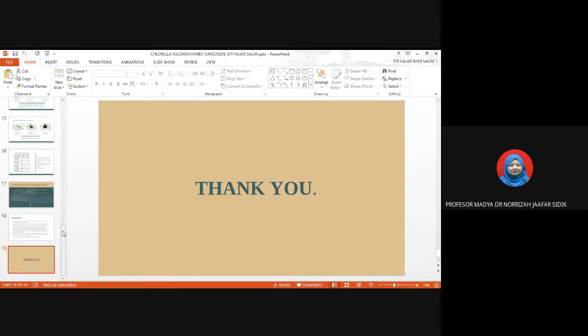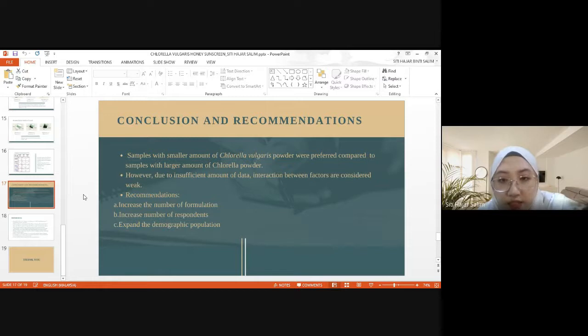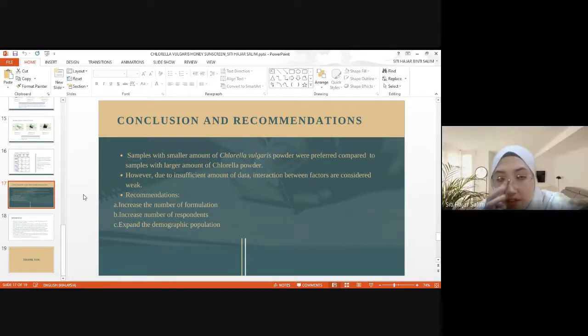Okay. In your conclusion, you said that they preferred the smaller amount of Chlorella vulgaris powder. Why do you think? It's because we measured three parameters, right? Appearance, odor, and texture. Chlorella vulgaris has a green color that is not very suitable for sunscreen.